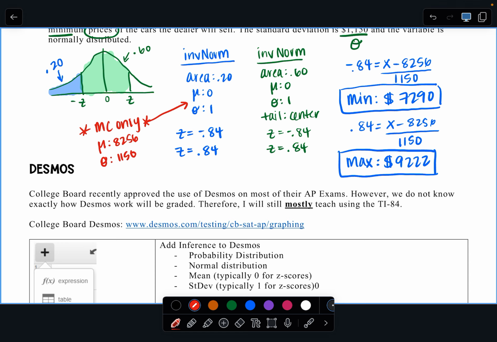Stats, it was not capable yet, and they released that information in July. I don't feel 100% confident in teaching you only in Desmos, so that's why we're still using the calculator. Personally, the calculator is going to work 100% of the time. Desmos is a little more intuitive, and so I do want you to see it if you want it to be something that you use, because it's going to be on your test.